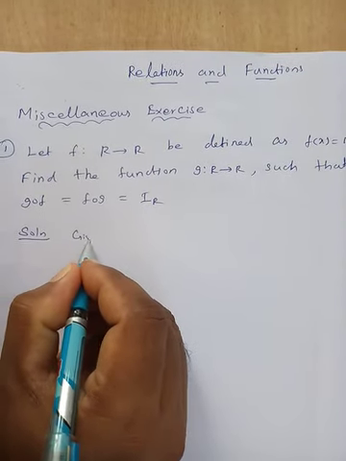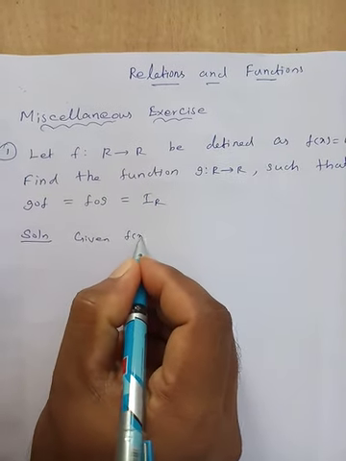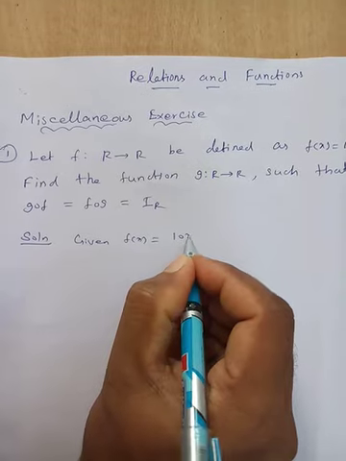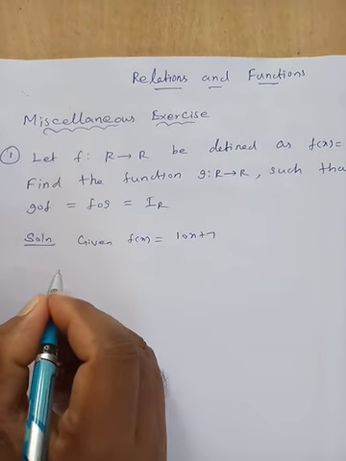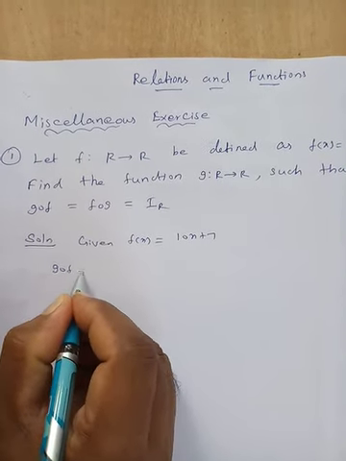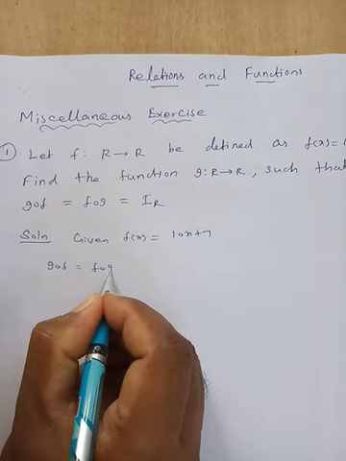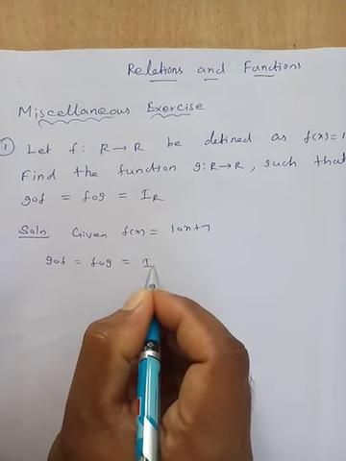Given f of x equal to 10x plus 7 and g composition f equal to f composition g equal to I_R.